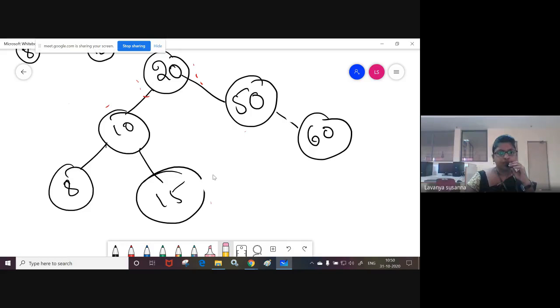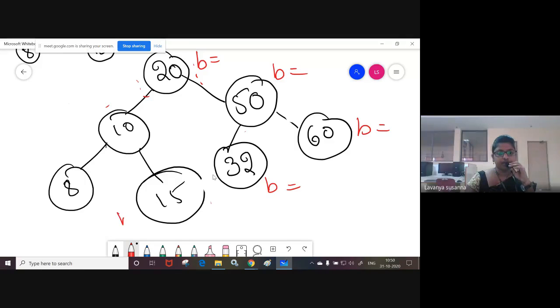Where to insert 32? 32 is greater than 20. You need to come to the right side. 32 is less than 50. Less means 32 must be inserted as a left child. After inserting, again find the balancing factor for each and every node. 2, 2, 2 minus 2, 0. 1, 1, 1 minus 1, 0.